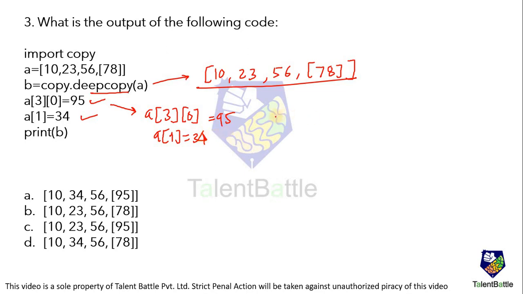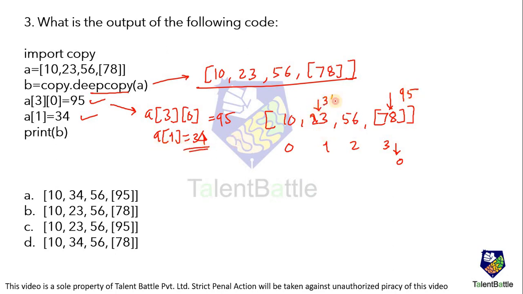So if you take the original A, which is 10, 23, 56 and then 78, with indices 0, 1, 2, 3, and in 3 we have nested index 0. So 3, nested index 0, 95. So this 78 will get replaced with 95. And A of 1 is 34, so this 23 will get replaced with 34.